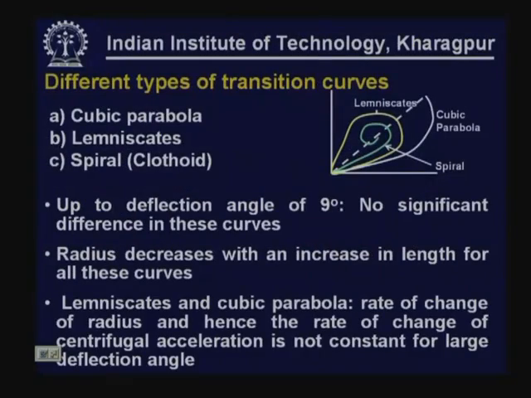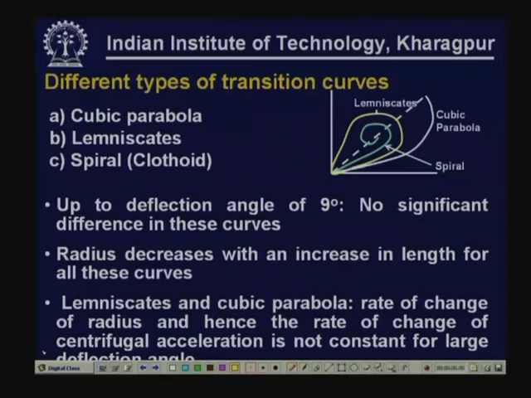Now, let us see different types of transition curve. The sketch shows different types of transition curve: a cubic parabola, then two other types of curve. The first type, the cubic parabola, is shown by the white line. The second type is shown by the yellow line, and the spiral type is shown by the green line.